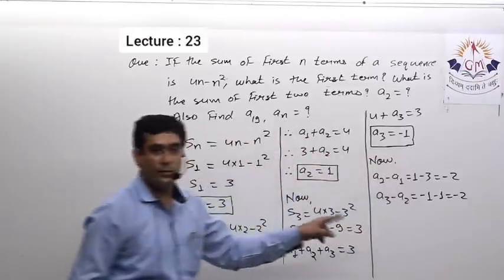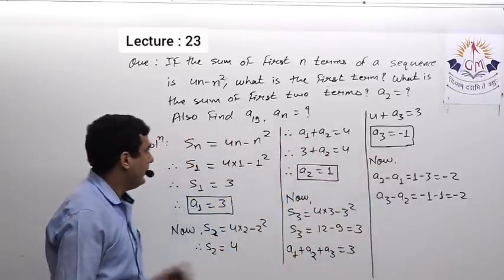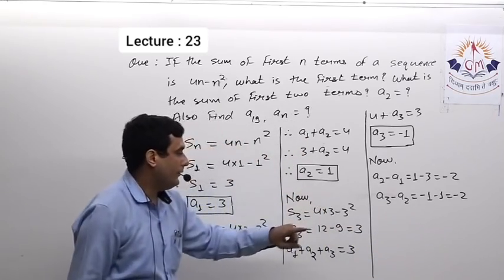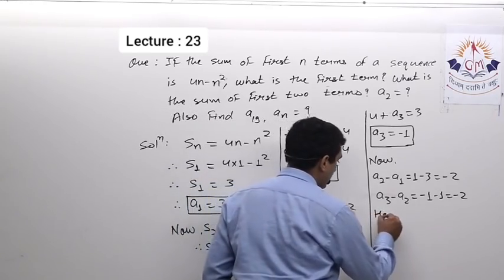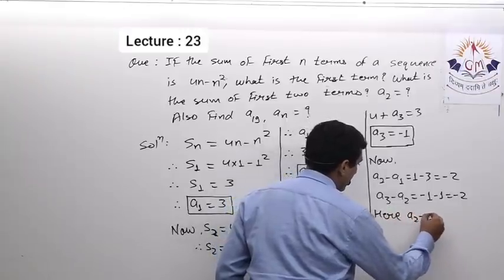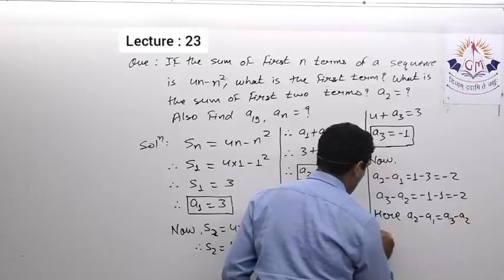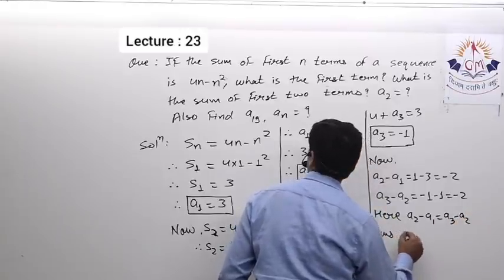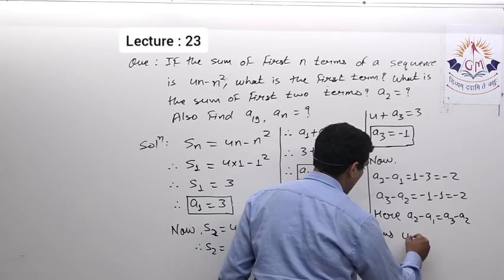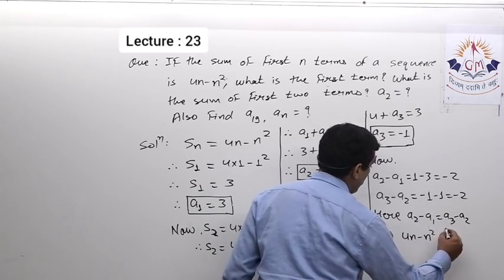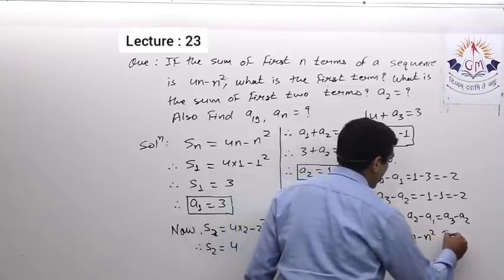So definitely this also represents an AP. As it represents an AP, a2 minus a1 is equal to a3 minus a2, thus 4n minus n square forms an AP.